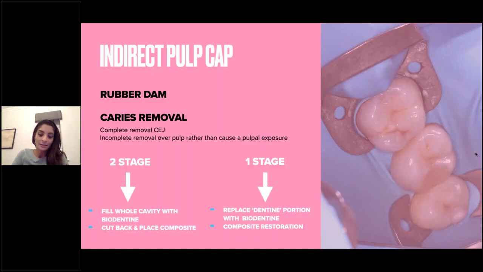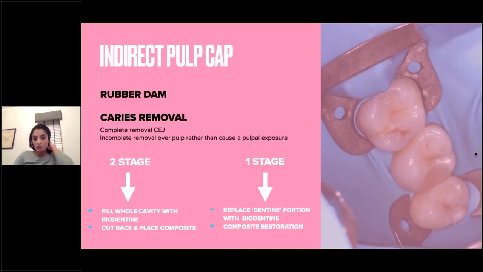I think that it's much nicer for the patient because everything is done in one stage. The main concerns I had with putting composite directly onto Biodentine were that, when it's initially placed, it's quite a delicate material. It takes some time to fully develop its strength and its seal.